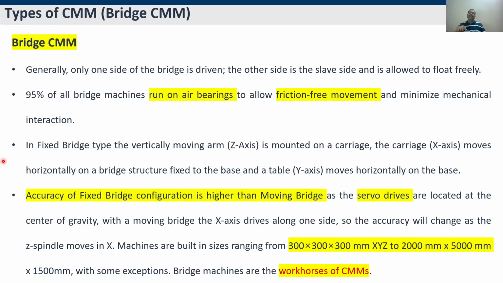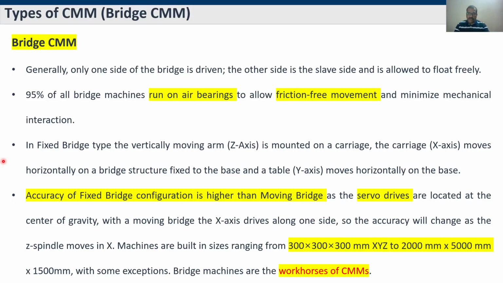Only for depth movement, the vertical z-axis column will move up and down. The y-axis beam may travel, but there will be no x-axis movement. Only the table will be moving. The table which holds the component will be moving forward or backward.